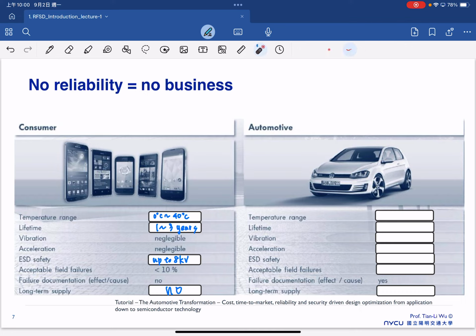First one, for the temperature range, we need to guarantee the car can be driven safely in all kinds of environments. So usually the temperature range to be qualified for the semiconductor device is pretty wide compared to the consumer.